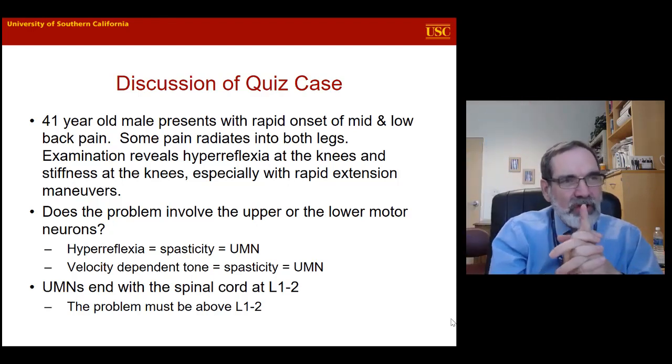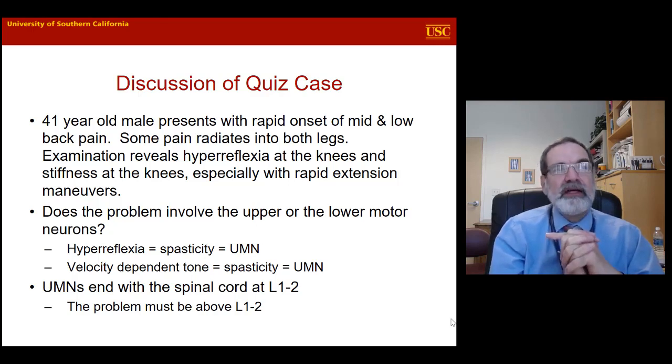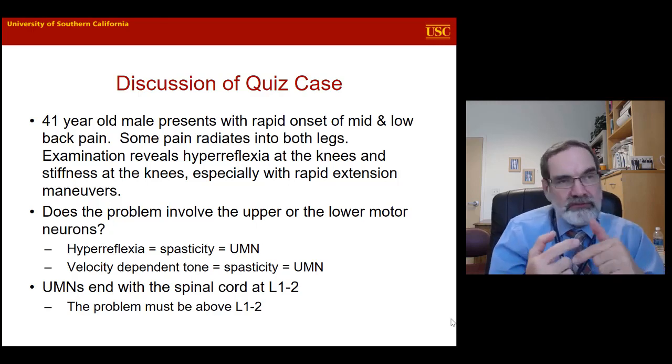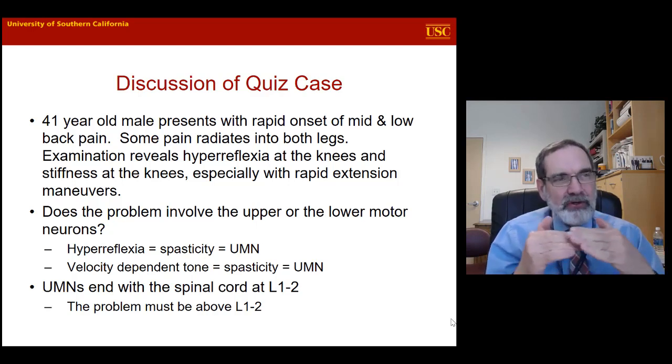Nerve roots are lower motor neurons. Lower motor neurons will not create spasticity. So you might see weakness if it's a lower motor neuron condition like an L4-5 severe disc herniation. You might see weakness, you might see loss of reflexes. You will not see hyperreflexia or velocity-dependent tone increase as a result of any problem below L1, L2.